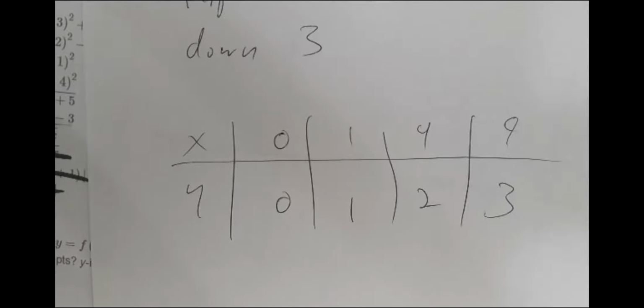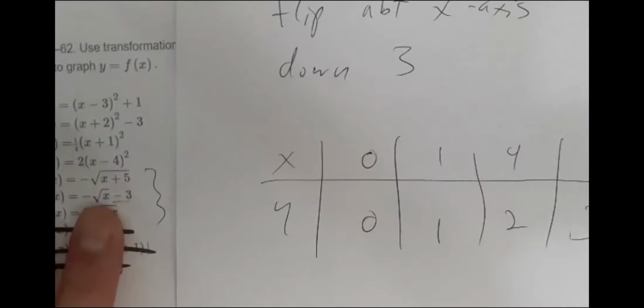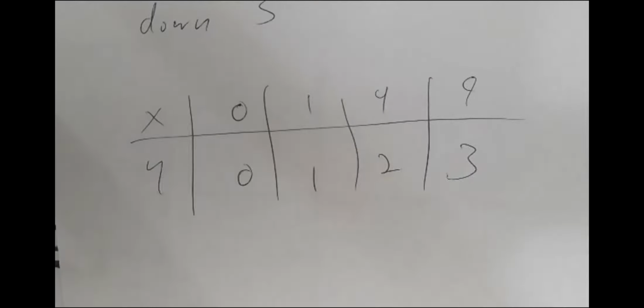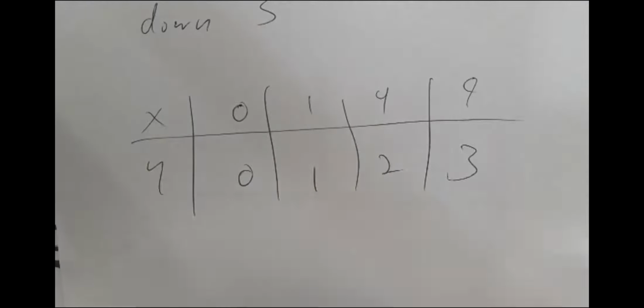So if I want to flip about the x-axis, what do I have to do to what quantity? Just the y values, because the x values would not change. So just the y values are going to get what sort of thing tacked onto them? A negative. They're going to get a negative.